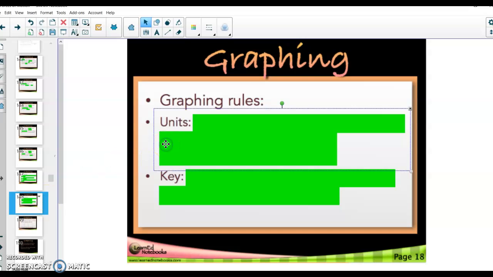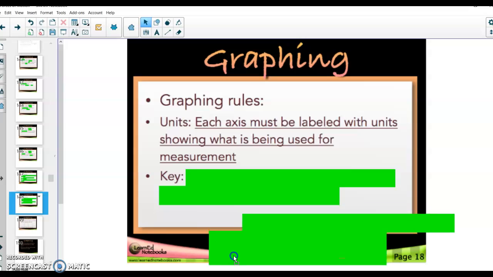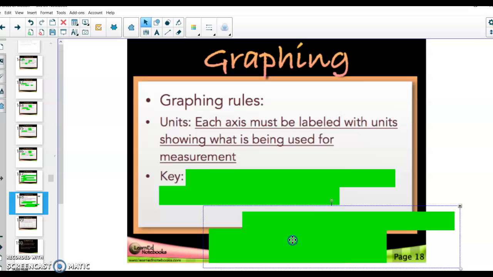This is very important. It's also important for this to go away, and it's not. So I'll just pull it out of the way for us. Each axis must be labeled with units showing what is being used for the measurement. So is it using meters, feet, miles, yards, inches, whatever it may be? We have to use that unit.